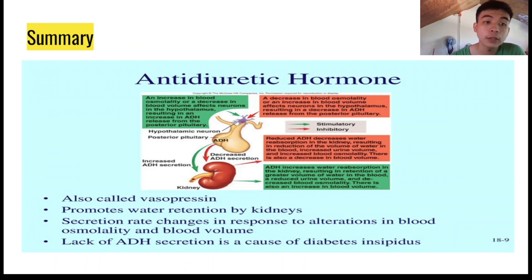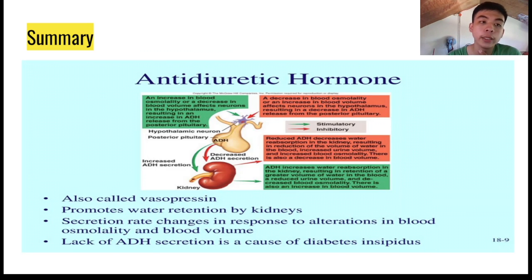So in summary, the antidiuretic hormone is also called vasopressin, and it promotes water retention by the kidneys, and its secretion rate changes in response to alterations in blood osmolality and blood volume.